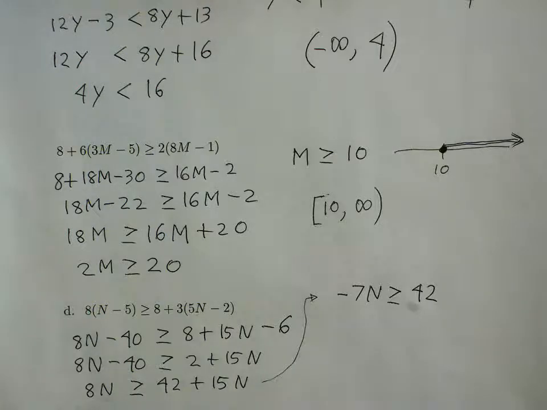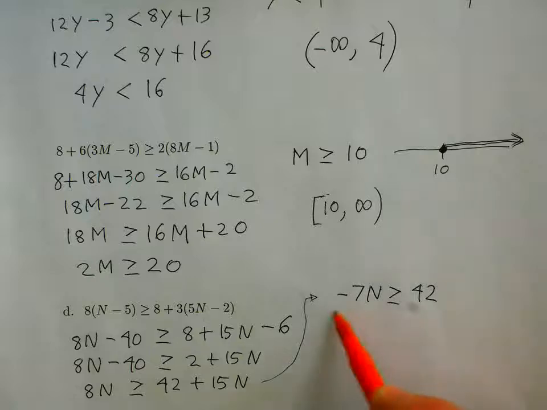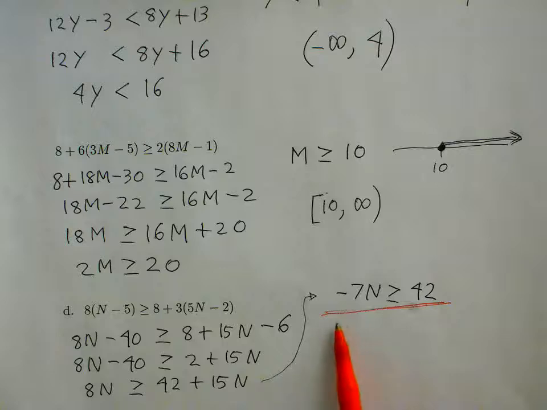Earlier, I could have subtracted 8n from both sides so that I get positive 7n on the right-hand side and negative 42 on the left-hand side. But in this example, we can use a very important thing that you need to remember. So at the moment, we have negative 7 times n is greater than or equal to 42. When we divide both sides by negative 7, we have to switch the inequality to less than or equal to.